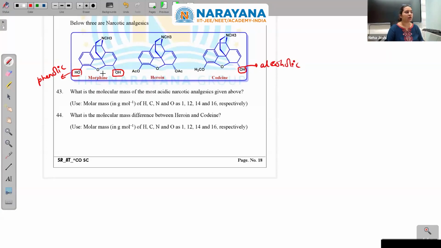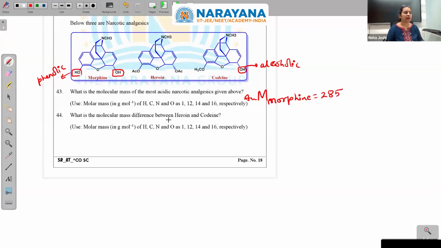Alcoholic versus phenolic, the phenolic OH will be more acidic. And thus, the answer for question number 43 is the molecular weight of morphine, which when you calculate comes to 285.